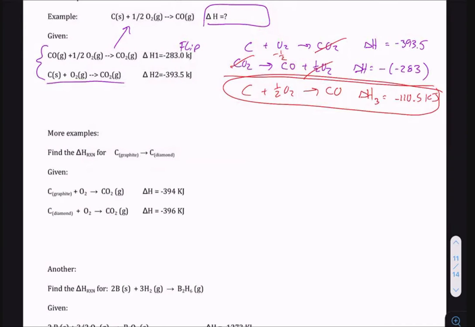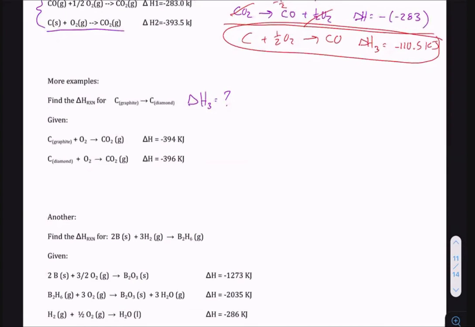Let's find the delta H for the process of converting graphite into a diamond. Here's what we are given. Graphite plus O2 to form CO2, negative 394. Diamond plus O2 to form CO2, negative 396.